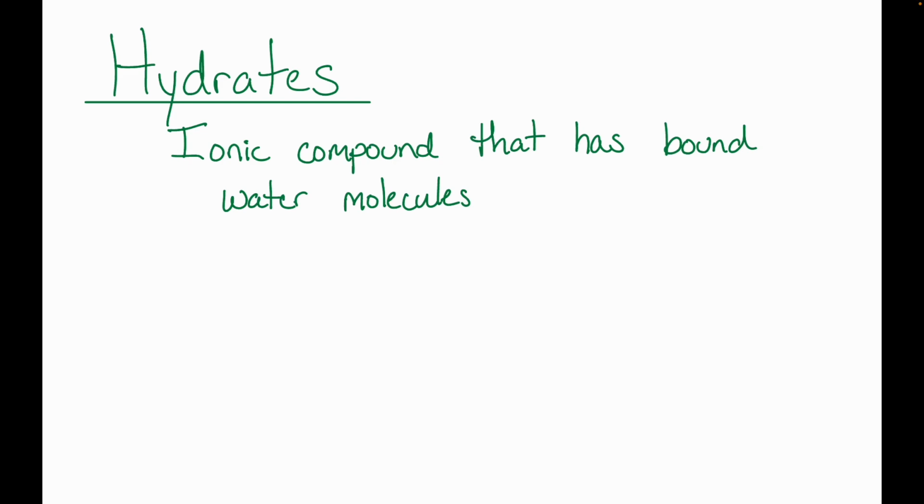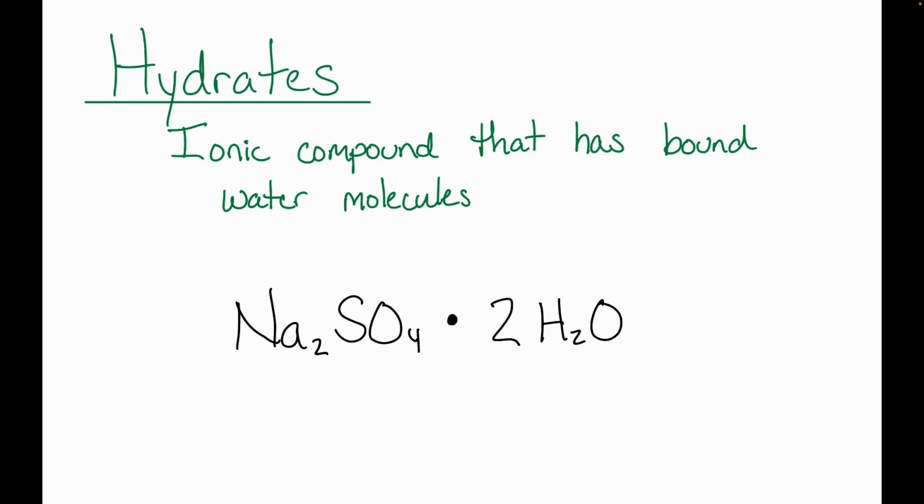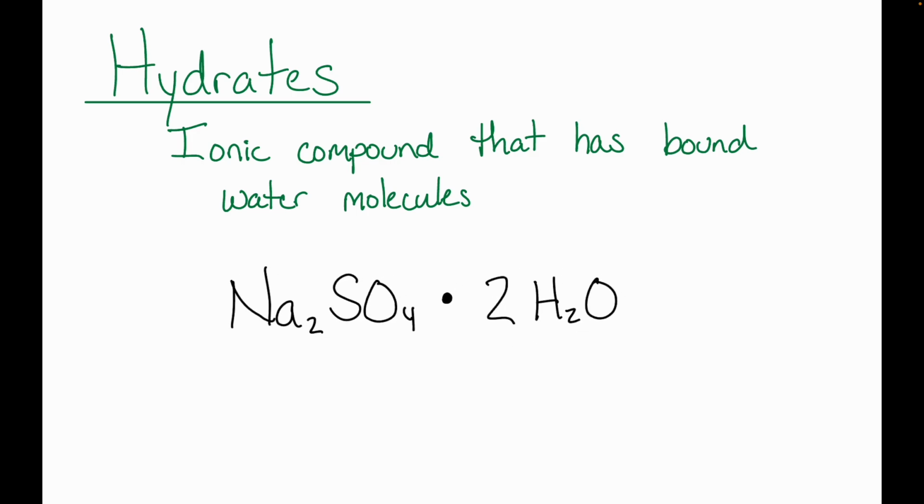All right, so for example, sodium sulfate is one of these compounds, and we would write its hydrate dot 2H2O. All right, so this is the formula, the chemical formula for a hydrate.